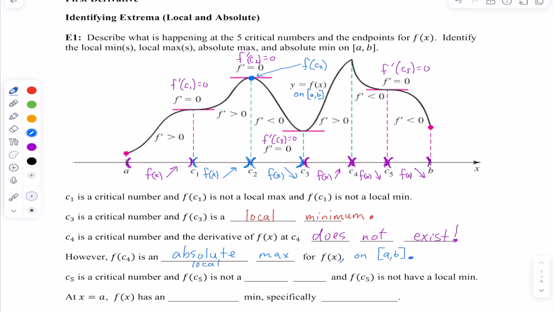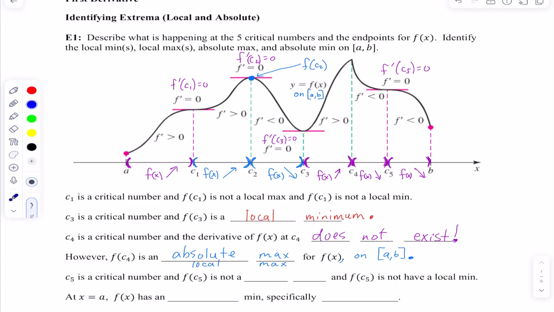It does satisfy derivatives before that critical number, and there is a derivative after that critical number, and so that's what helps it to find that output value to be a local max. Remember, max and mins are always y values. When we say f of C sub 4, this is a y value.